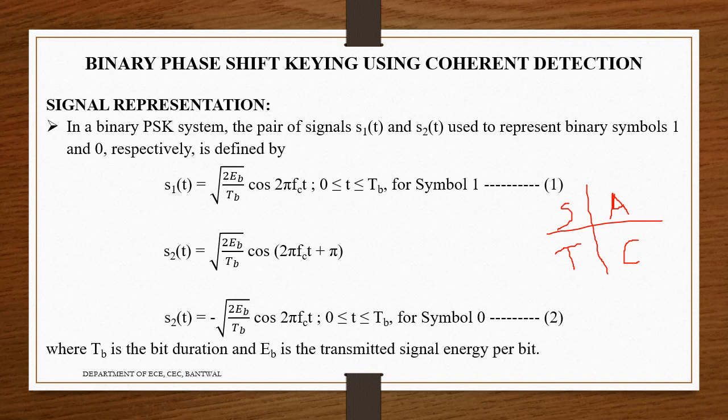So 90 is here and 180 degrees is here. Within this range, at plus 180 degrees, the value will be negative, minus cos 2 pi fct. That is for symbol 0. So we have to remember only this much.